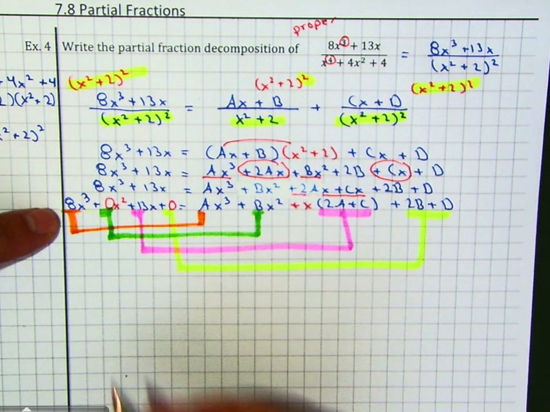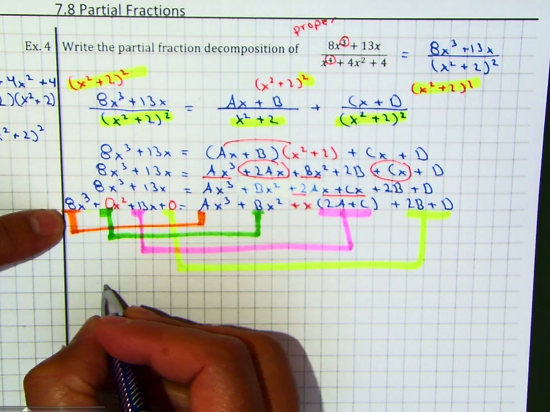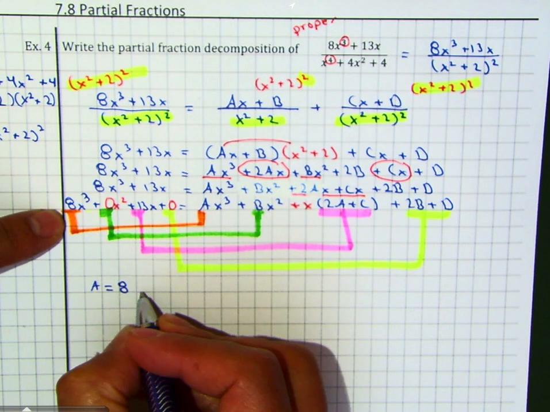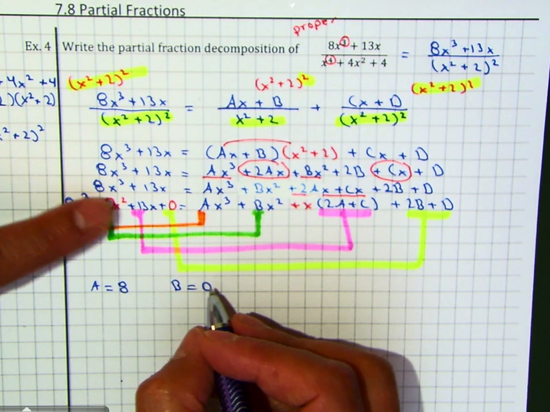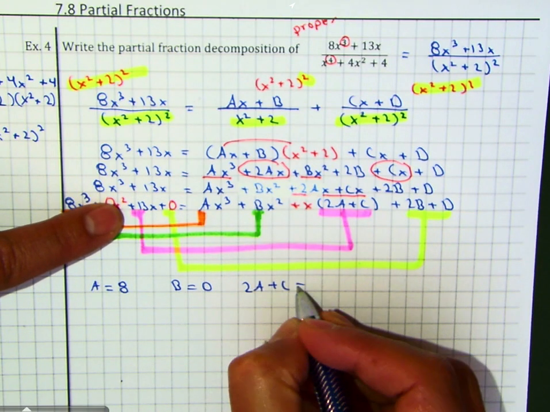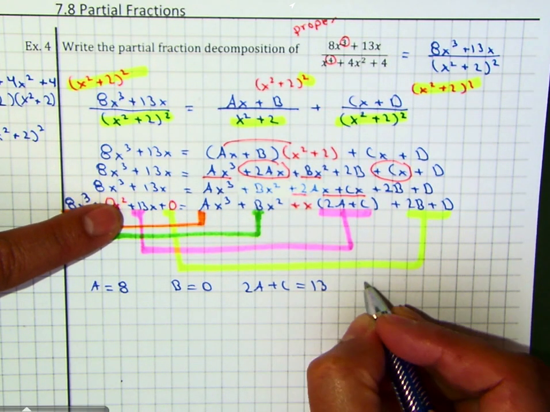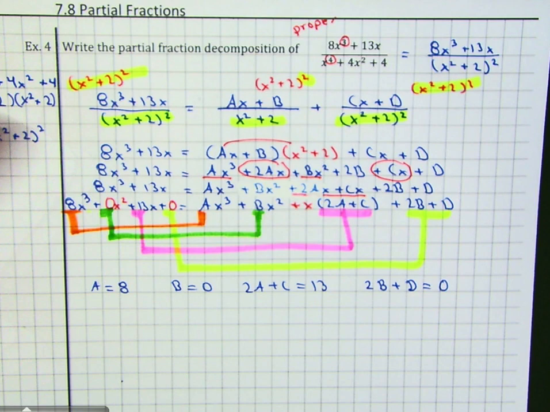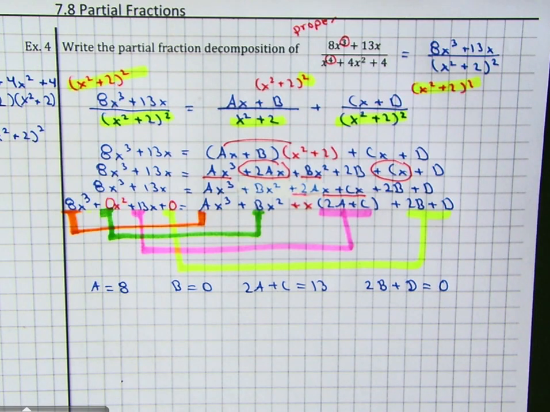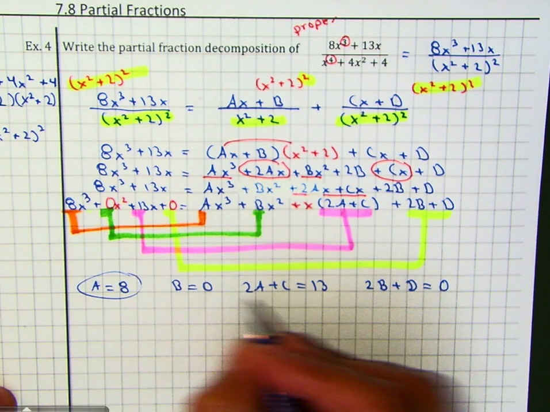So let's write them down. We have a equals 8, b equals 0, 2a plus c equals 13, and 2b plus d equal to 0. And now we can solve it. We know that a equals 8, so I can plug my 8 in here.